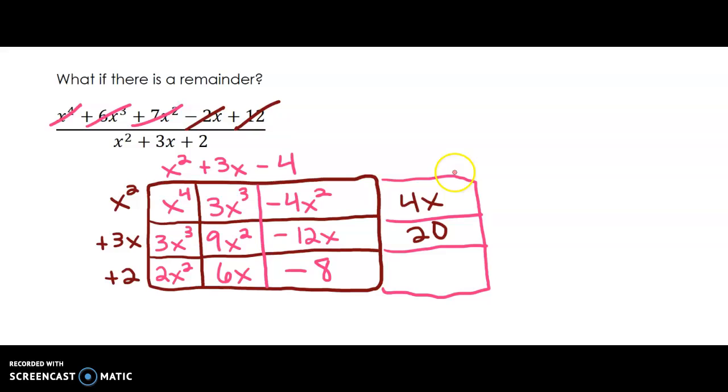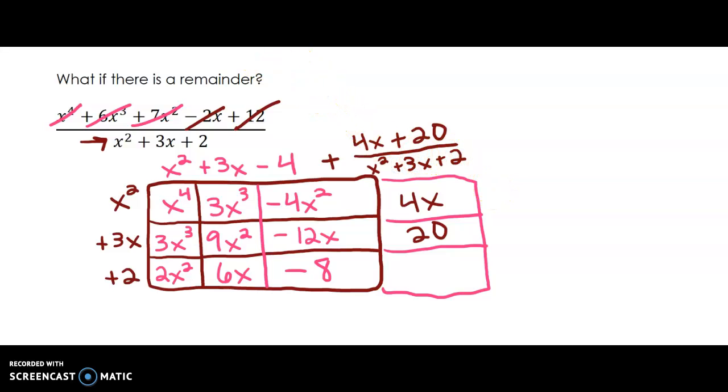Again, anything in this column, like I said, is going to be part of our remainder. And so if we have our factor here, x squared plus 3x minus 4, when we are adding the remainder, we're going to add everything in this column, so 4x plus 20, and we are going to divide that by whatever we are dividing our original polynomial by, x squared plus 3x plus 2.